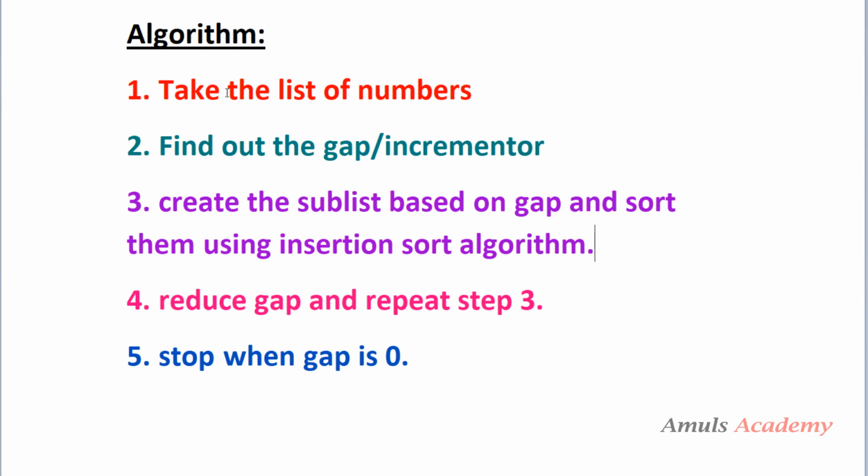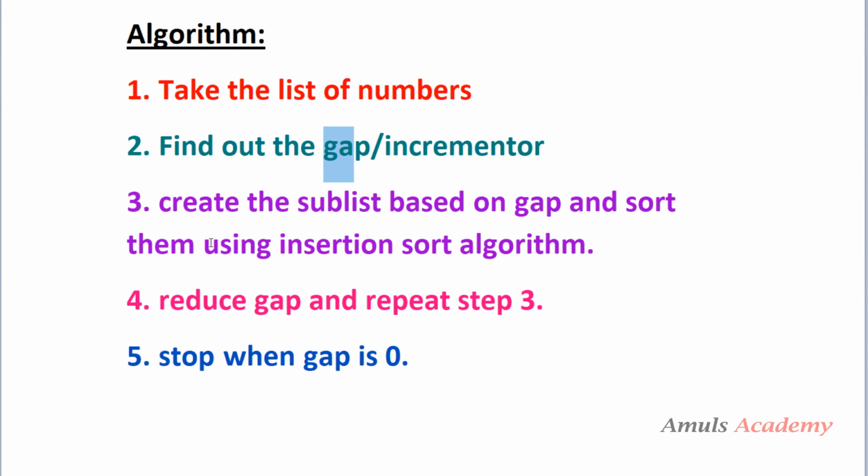So the first step is to take the list of numbers, and second, we need to find the gap or incrementer. As I said, we'll divide the original list into sublists based on a gap or incrementer. We can take the gap in many ways, but here we'll take a formula, okay? We'll take the total length of the list, truncated division 2.